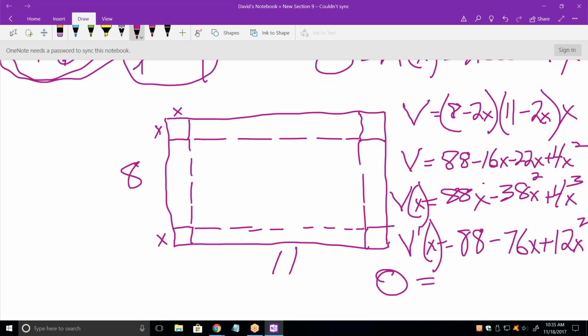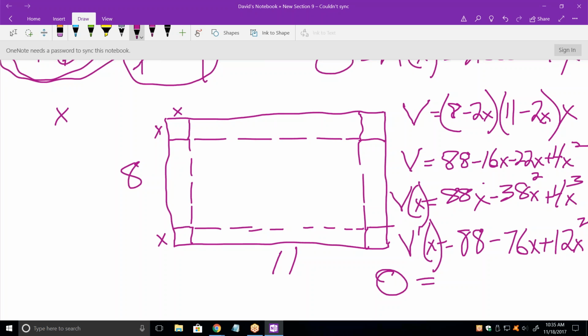I don't have any volume if x is 0. So whatever the solution, I'm almost certainly going to come up with 0 as one and some other number as the other. Let's not take the time to solve that quadratic, but you can see that. And there's also a question here: what is the practical domain for x?